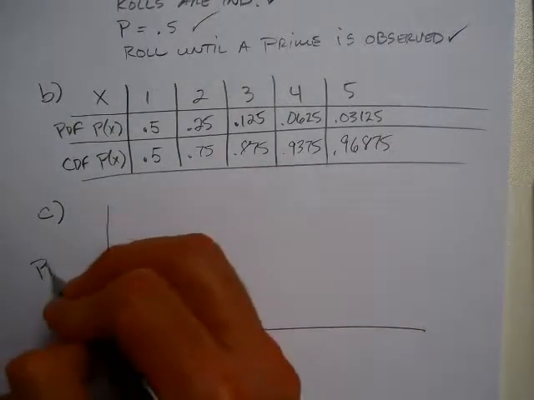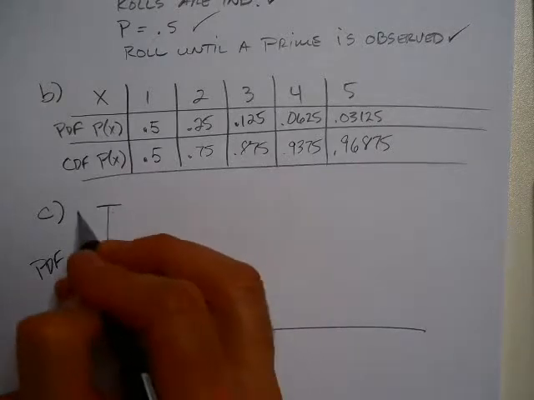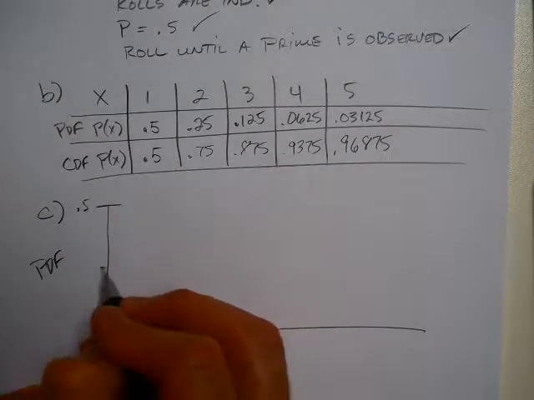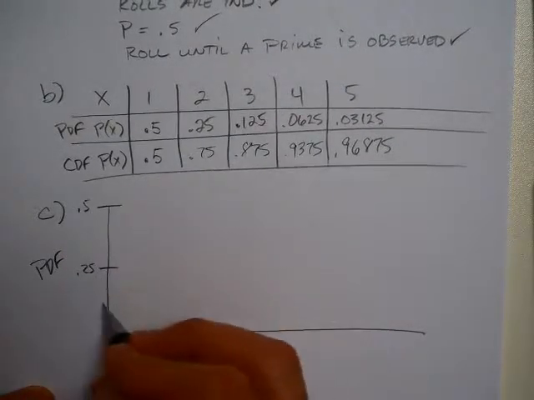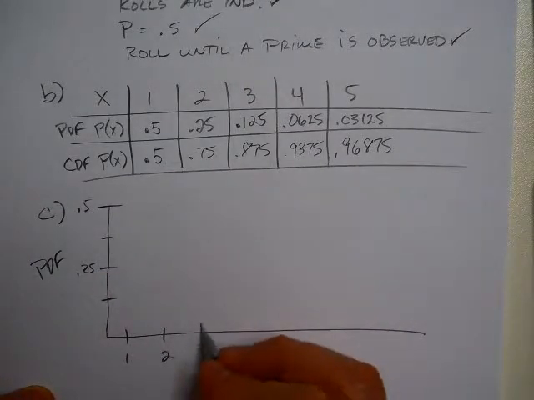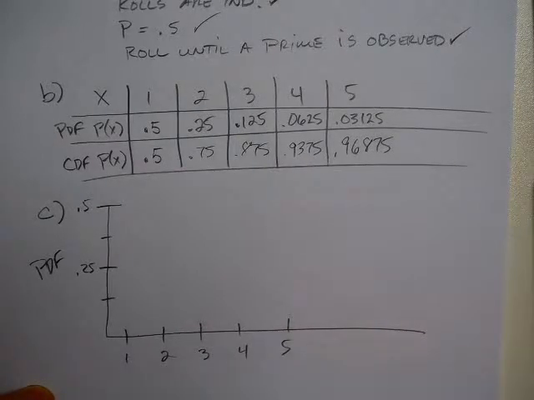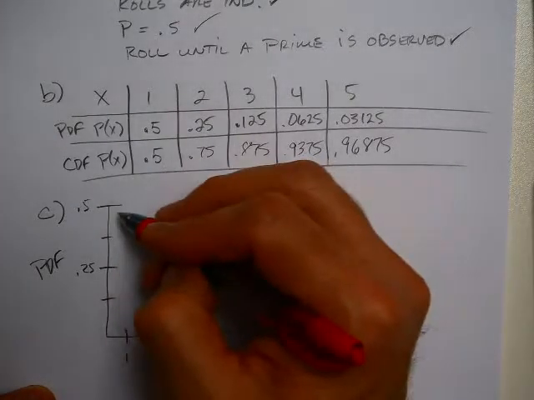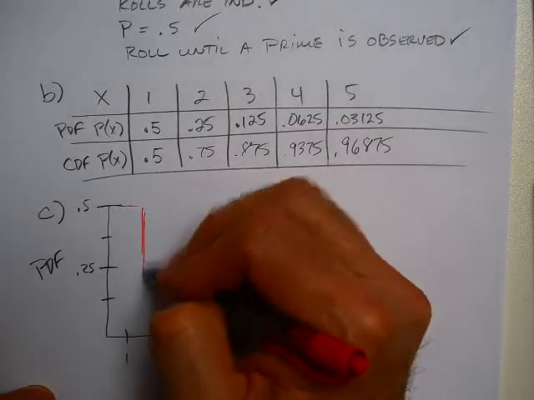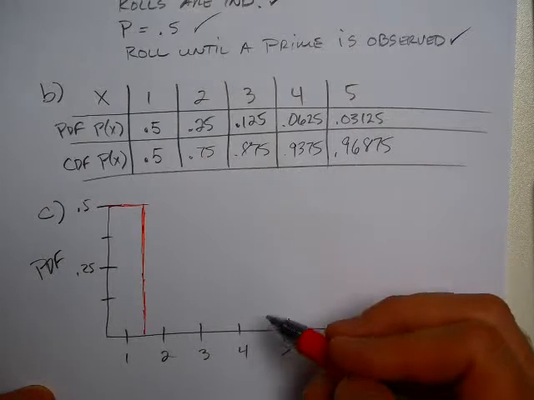The PDF. So PDF, my largest probability is 0.5. I've got 1 roll, 2 rolls, 3, 4, and 5. So my first roll, there's a 50-50 chance that I get it on the first roll.